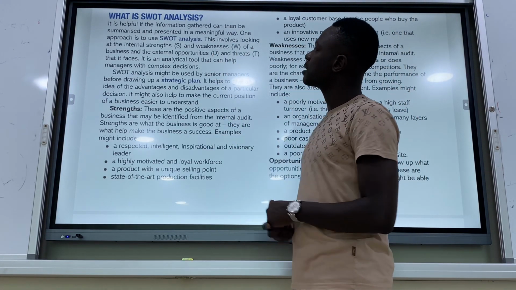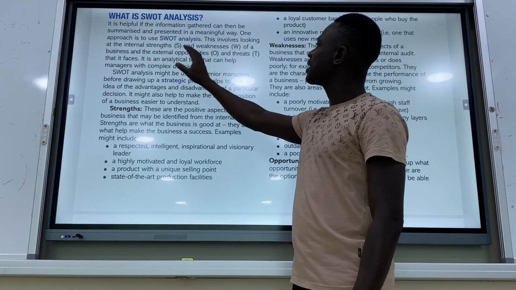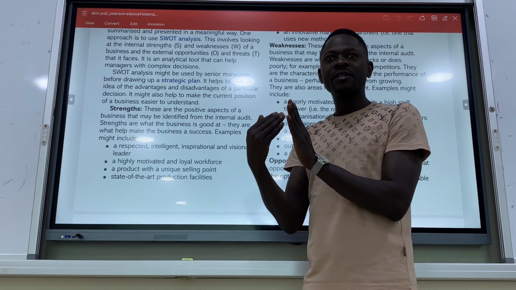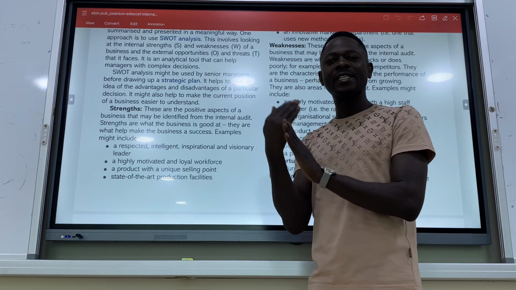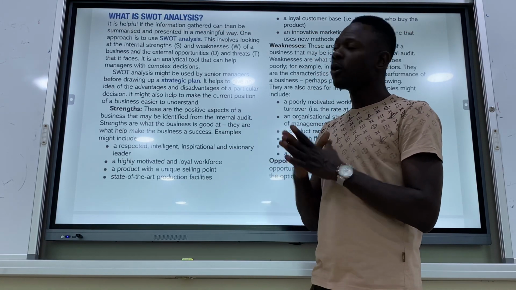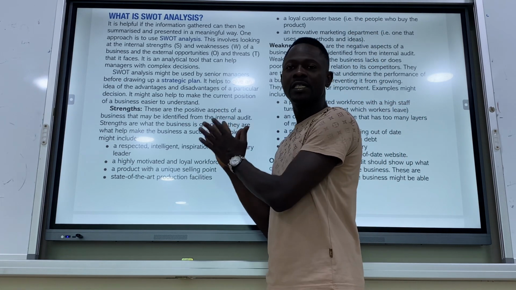What is SWOT analysis? It is helpful if the information gathered can be summarized and presented in a meaningful way. So we're going back to the information we've gathered through the internal and external audit. That is where SWOT analysis comes in.